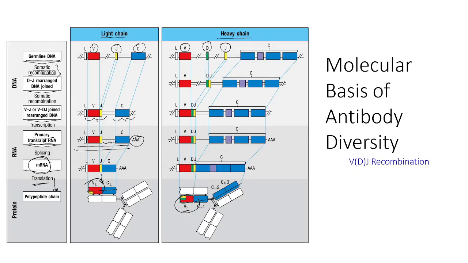So why does it matter? Because by combining the different VDJ segments, the body can produce over 100 billion different antibody variations, and this allows the immune system to recognize almost any foreign pathogen it encounters.